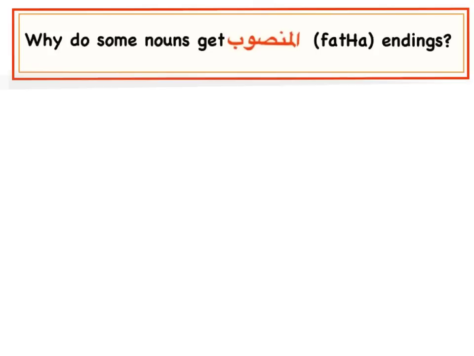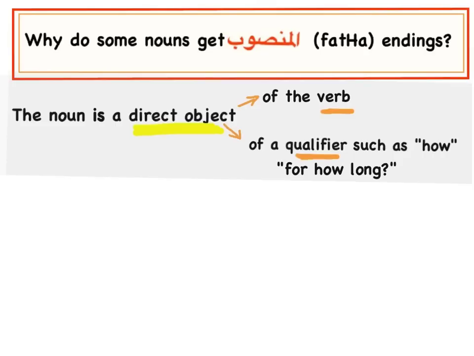Why do some nouns get Mansoub endings, the Fatha endings? It could be that the noun is a direct object of the verb, like we saw before, شاهد محمد المباراة, or of a qualifier such as how, for how long. Remember? ستتغيب عن الجامعة أسبوعا.